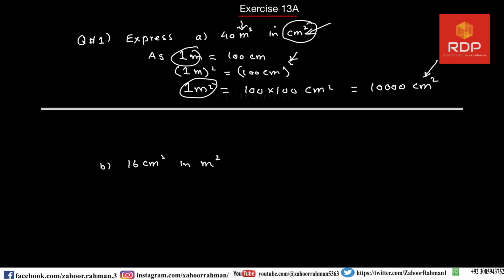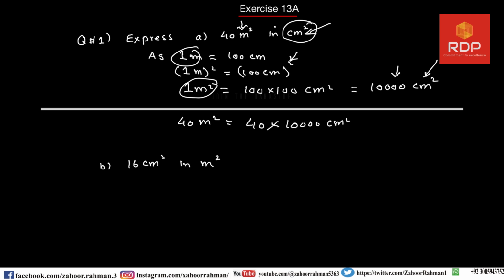Now if 1 meter square is equal to 10,000 centimeter square, then according to the question, 40 meter square will be equal to 40 into 10,000 centimeter square.